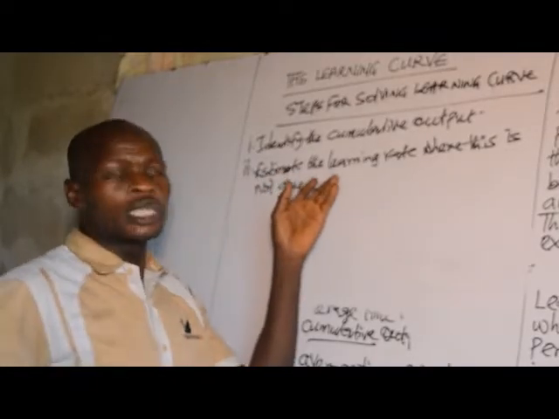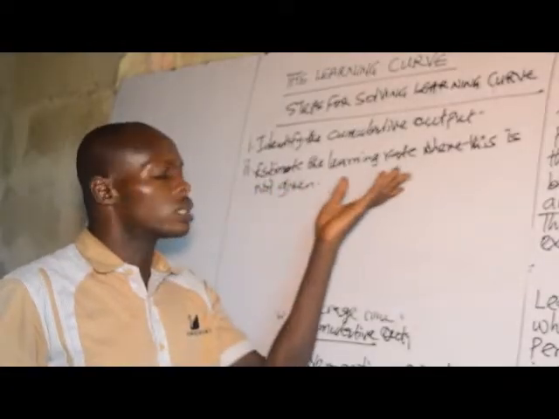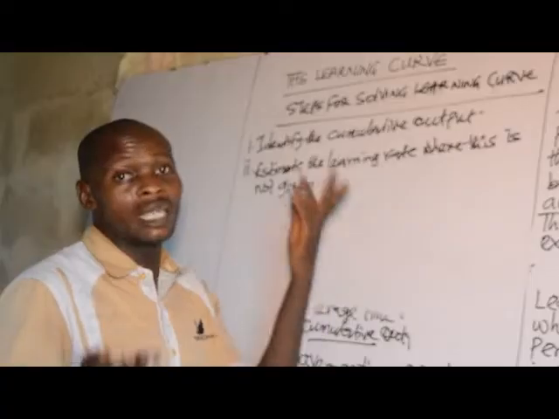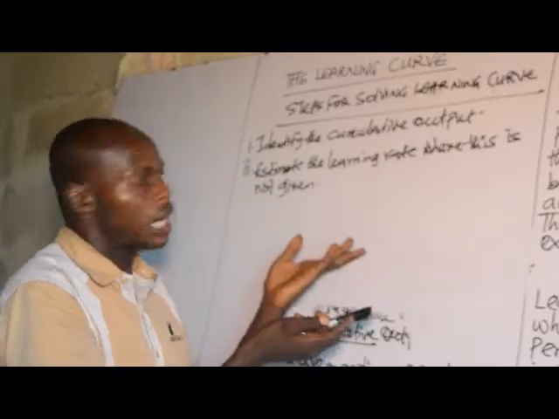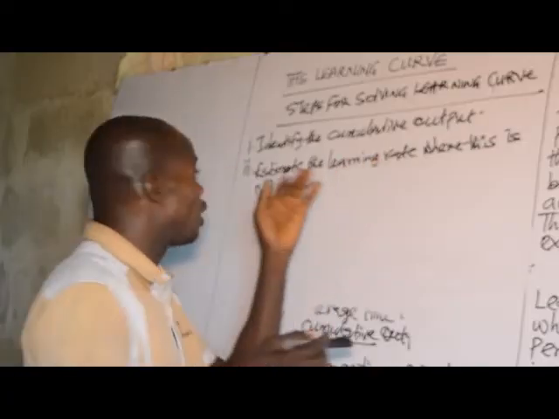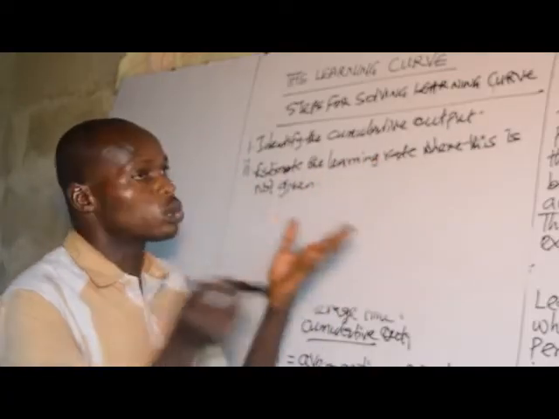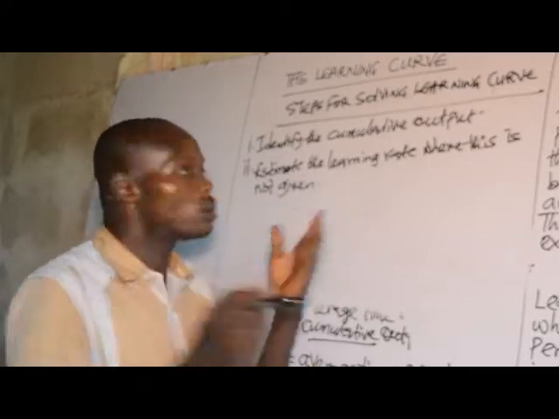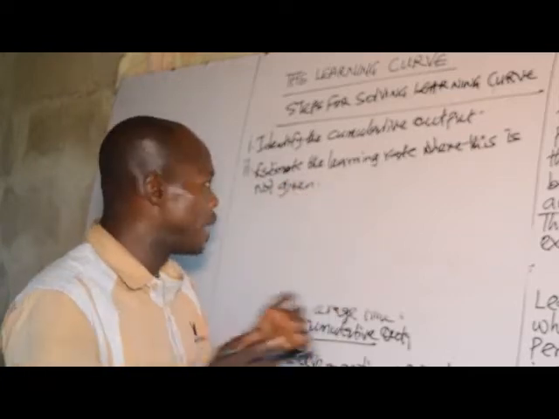And where the learning rate is given, that means step 2 is not required. It's only where the learning rate is not provided in the question that you will need to calculate that. And if you watch part 1 of my presentation on learning curve, then you'll be able to learn how to estimate the learning rate. 2 methods of calculating learning rates were considered in part 1.